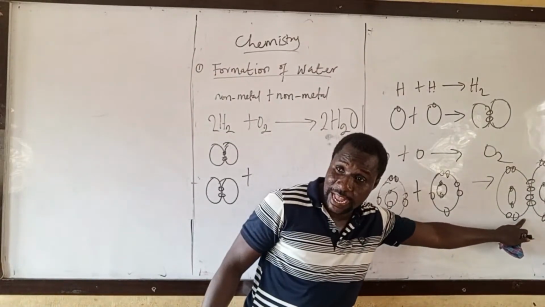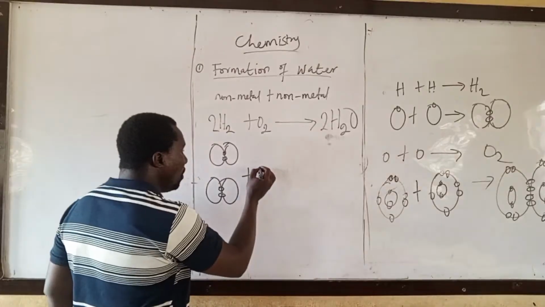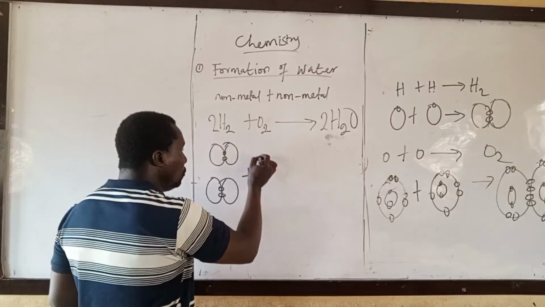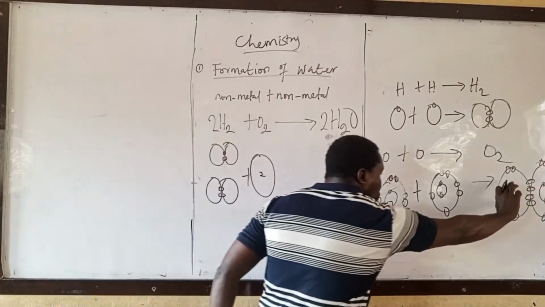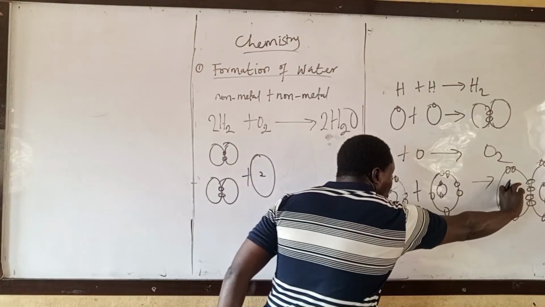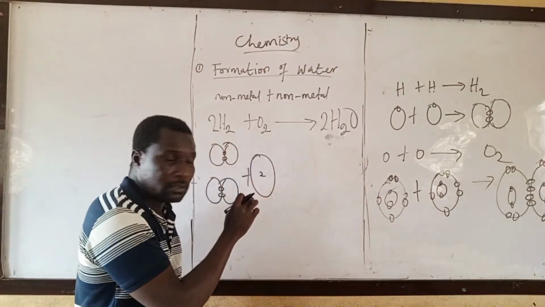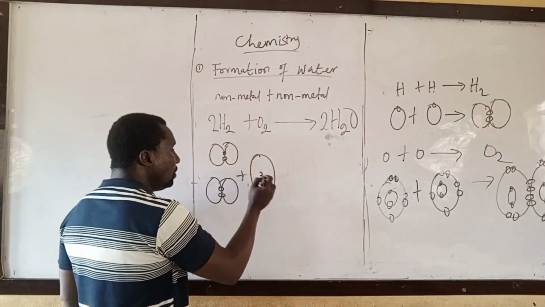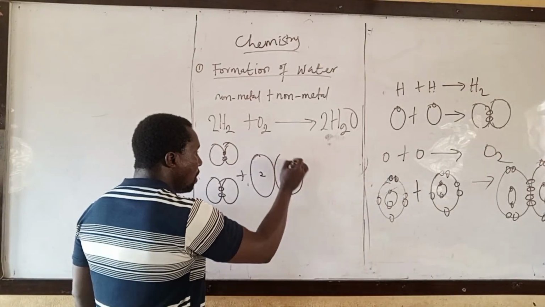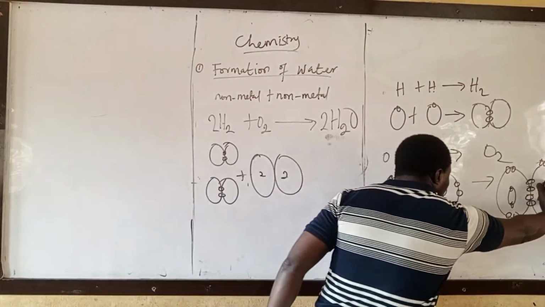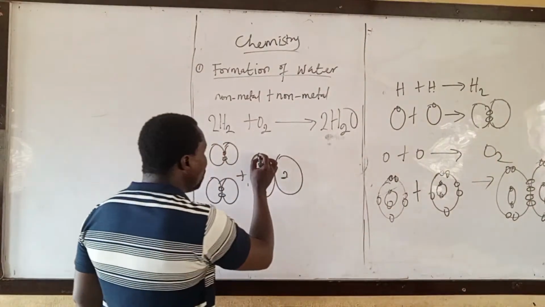This is oxygen gas, isn't it? Plus oxygen gas. That means 2. This 2 means what? This 2 inside, 4 electrons. You understand? Then you have 1, 2.